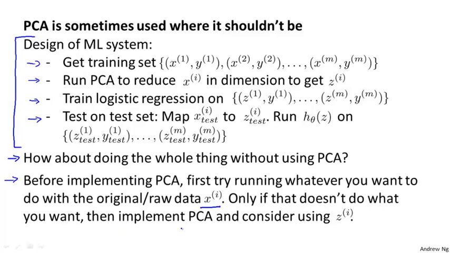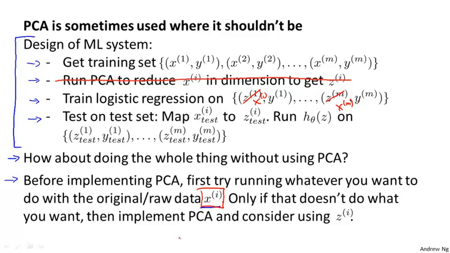So before using PCA, instead of reducing the dimension of the data, I would consider, well, let's ditch this PCA step, and let's just train my learning algorithm on my original data. Let's just use my original raw inputs x_i. And I would recommend, instead of putting PCA into the algorithm, just try doing whatever it is you're doing with the x_i first.